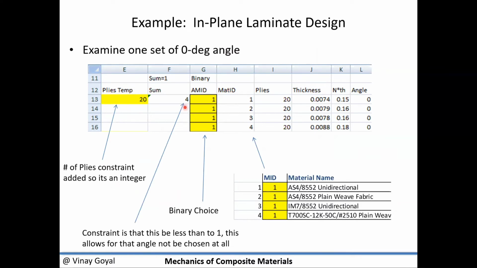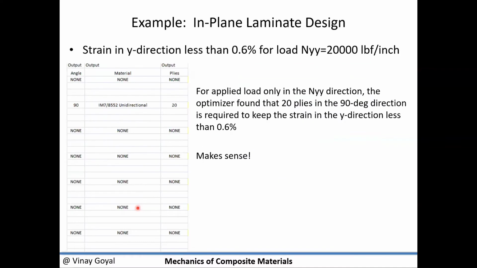This is your binary choice, and this is a constraint we've added so that this addition here, which is a material ID, corresponds to the material ID, so that I select one of these materials. And again, MID, the material of choice, is one of these 4. So if I get a 1 here and 0s here, I'm selecting the first material system. That's the approach that we've used. And so I'm going to run an example now here in Excel in a minute.